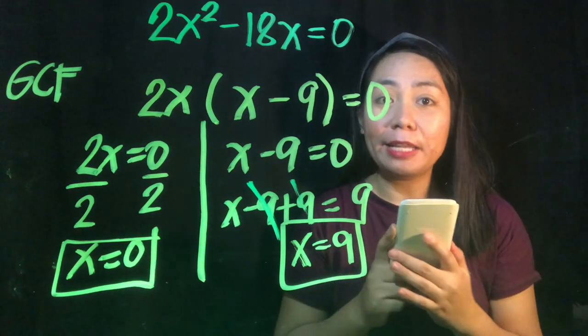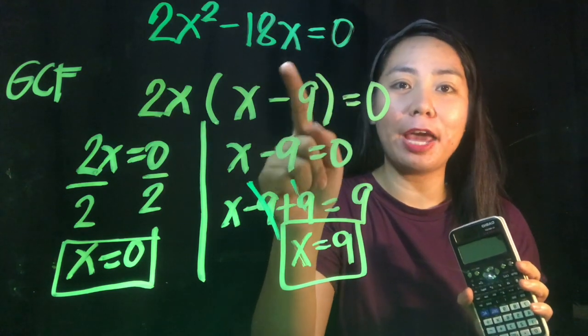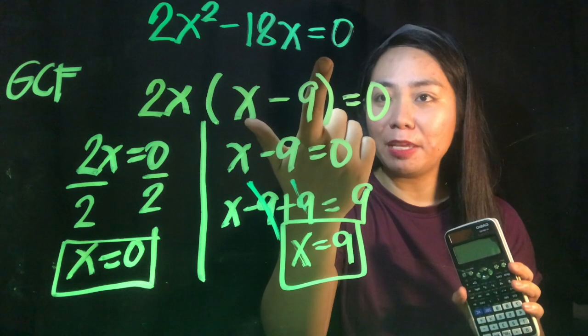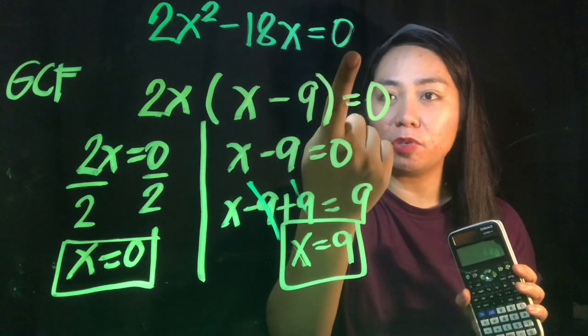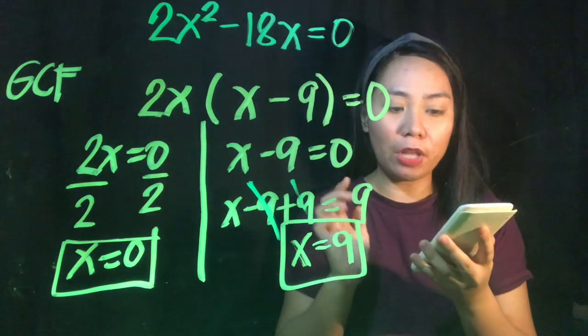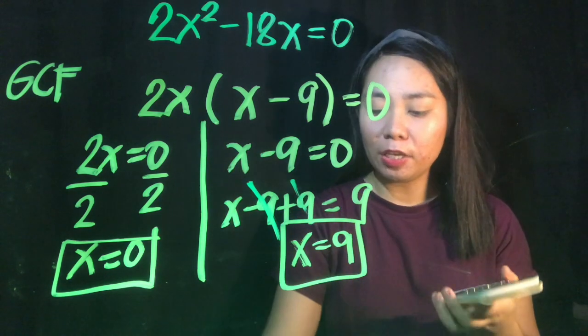Take note na kapag gumagamit ka ng calculator, dapat ang ating equation ay naka-standard form. So, tama po ito, naka-standard. Ibig sabihin, pag standard, naka-equal to 0. Lahat po ng ating values nandun lang sa one side. So, now you can see there A, B, and C. So, for our A, this is your A here.